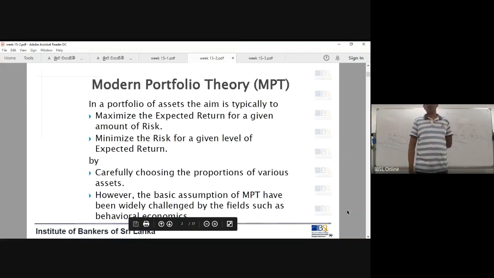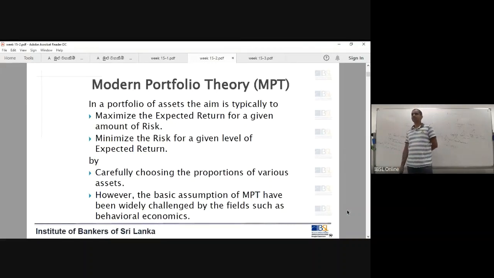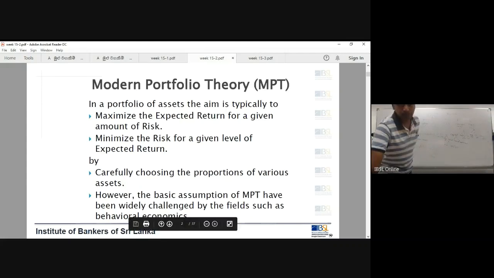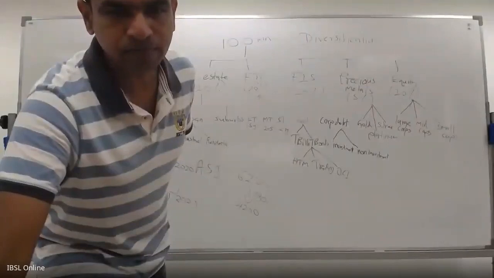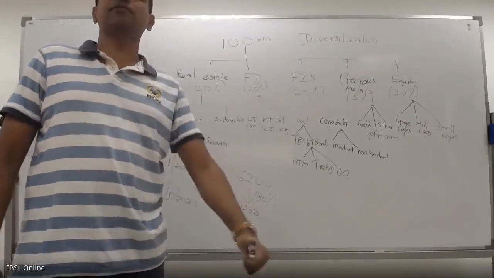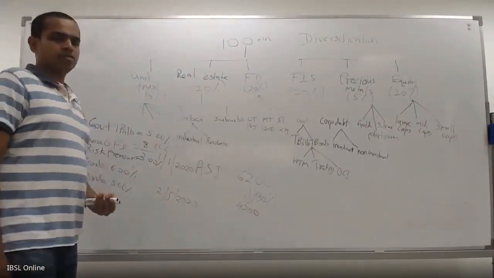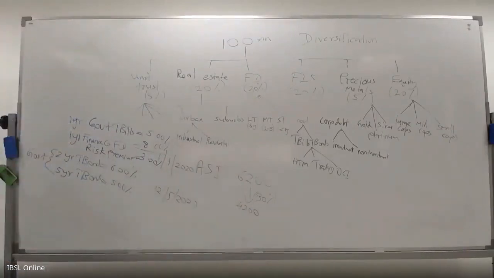Behavioral economics, the latest theory, says that not all investors are rational. There are some investors who are also irrational. They don't always make rational decisions, because there are various types of investors governed by their behavior. It's based on a science called behavioral economics, right?